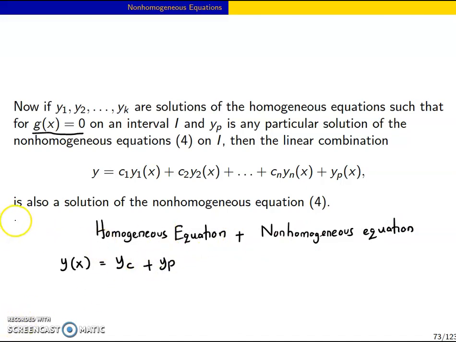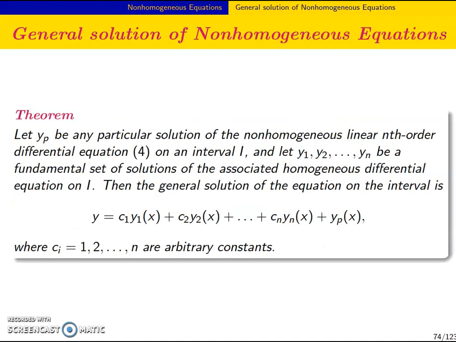So this is the general solution when you have a non-homogeneous equation. yc you obtain from the homogeneous equation that you looked at earlier on, and yp is called the particular solution. So you have a complementary function yc and a particular solution for the non-homogeneous equation. That's how you get the general solution for non-homogeneous equation.